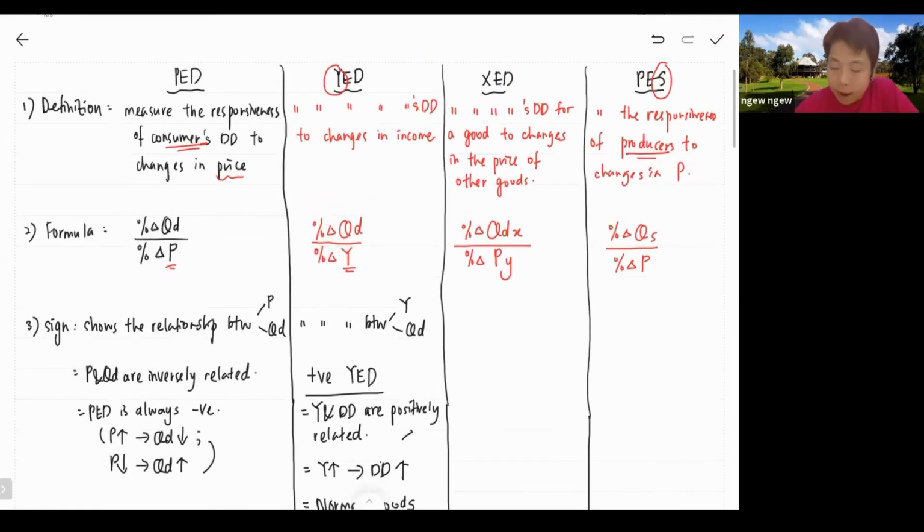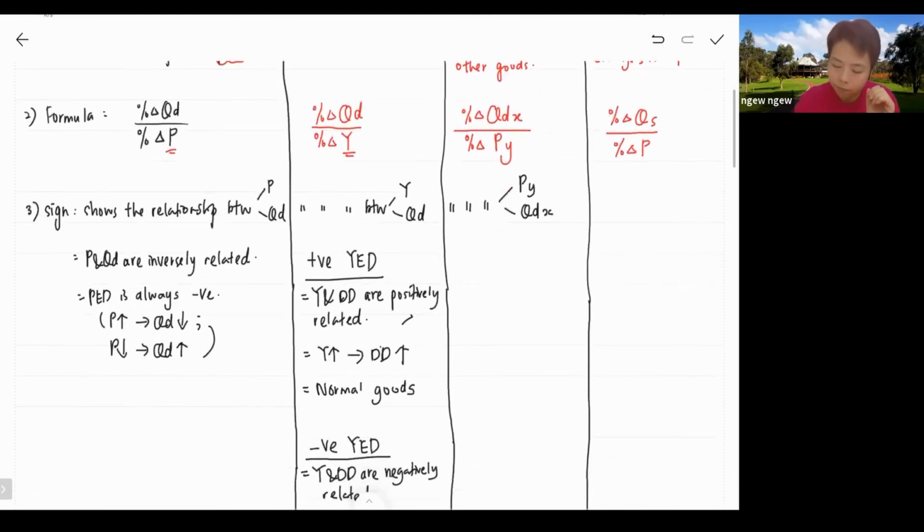Okay, XED, when it comes to the sign, again, it is showing you the relationship between these two products, as in price of Y and quantity demanded of X, which means they have either a positive or negative relationship.